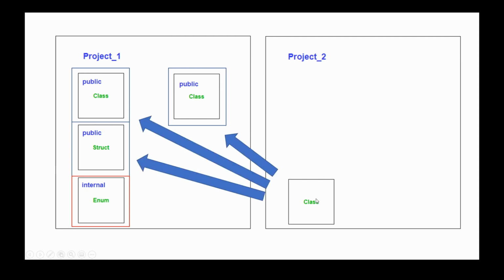So what's the difference between public and internal? The difference is that public elements can be accessed from everywhere. I can access all public members with my elements inside the project, but I can also access public members in another assembly or project.